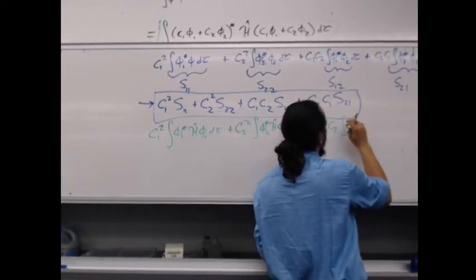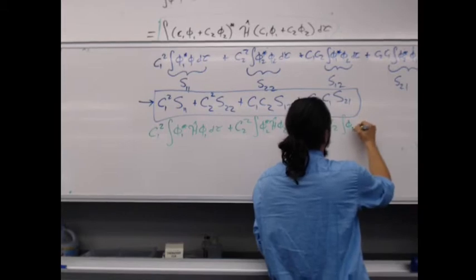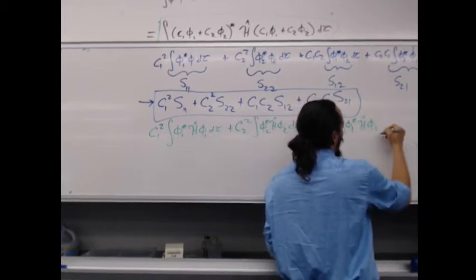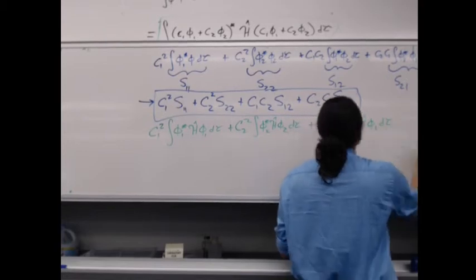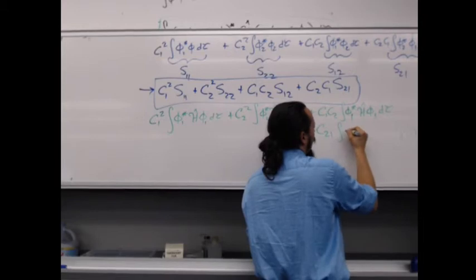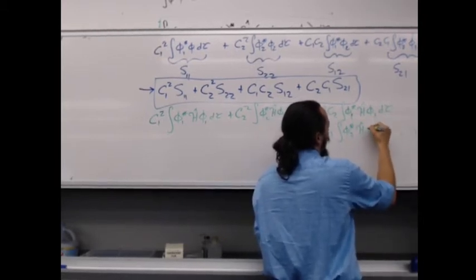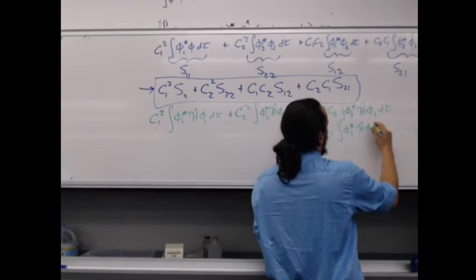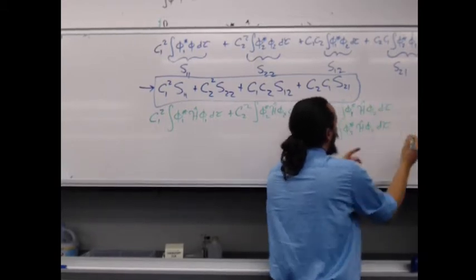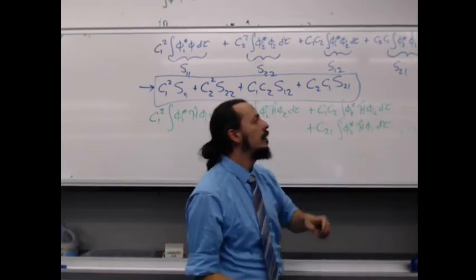As long as we're Hermitian, we'll be okay here. Oh, I messed up. That should be a phi 2. So this term should be a phi 1, phi 2. This one should be a phi 2, phi 1.